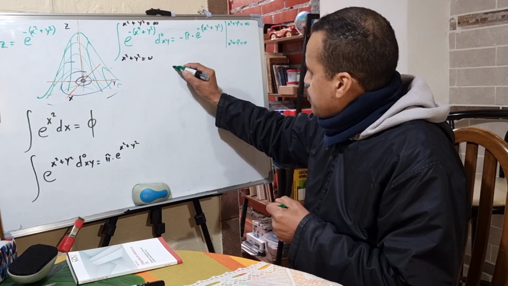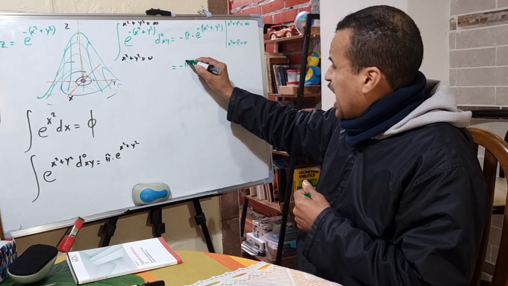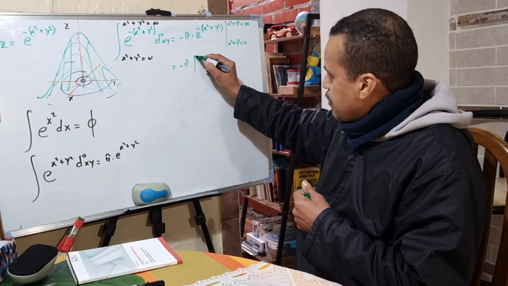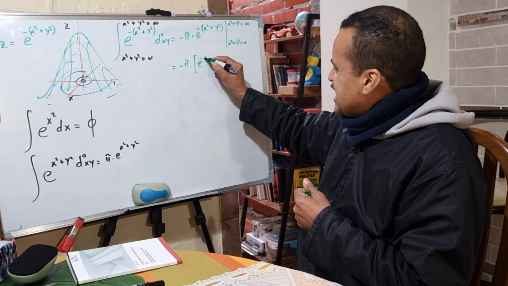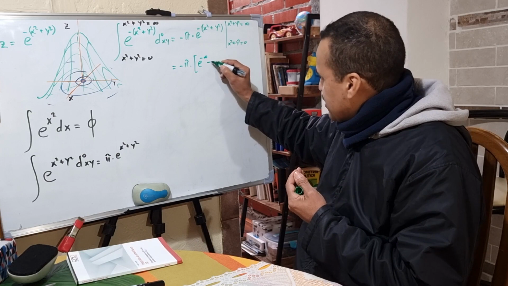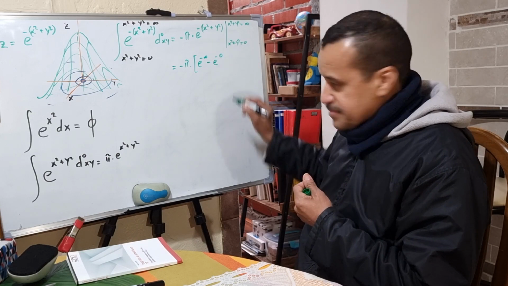And we plug that limit into the primitive, and we have minus pi times the bracket of e to minus infinite minus e to minus 0.